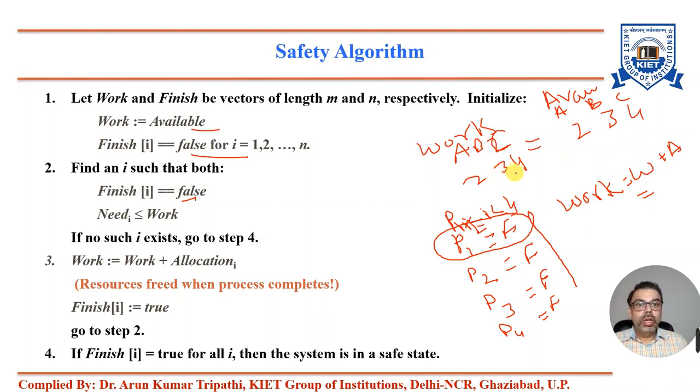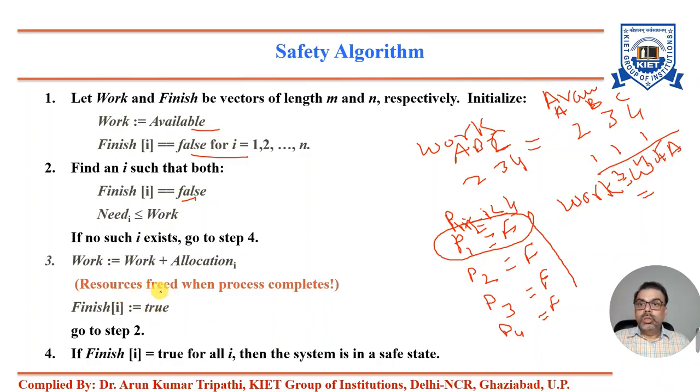Work is 2, 3, 4, and suppose I already have an allocation of 1, 1, 1 for A, B, C. There are three resource types. So these will be added. Now the answer will be 3, 4, and 5.